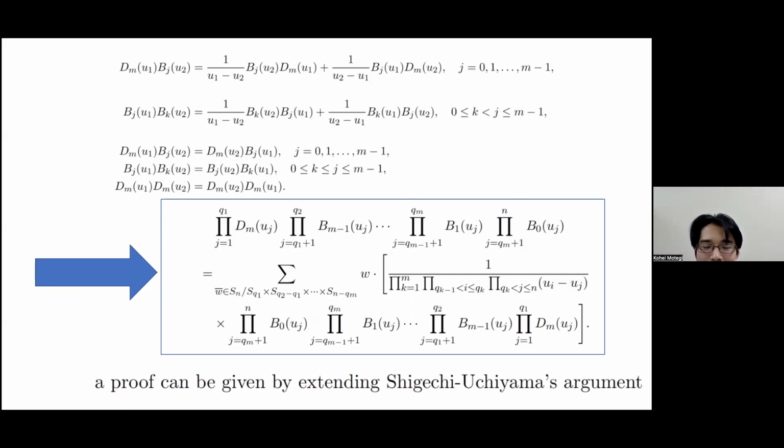Maybe it's still a little bit complicated, but you can actually derive the exact form. One way is to extend the argument given in the paper of Shigechi and Uchiyama. But rather than explaining the proof, I think it's more illustrative to see an example. So let's see an example.